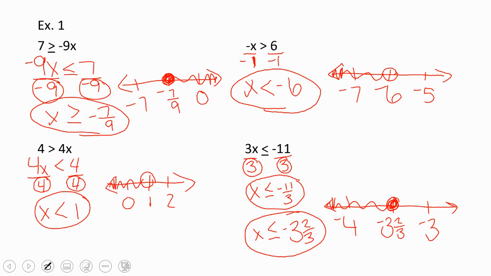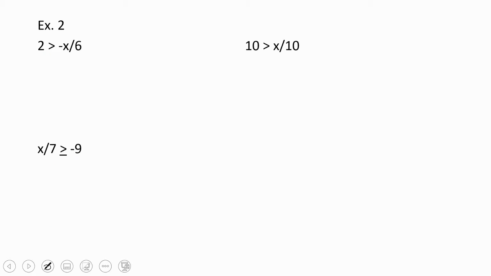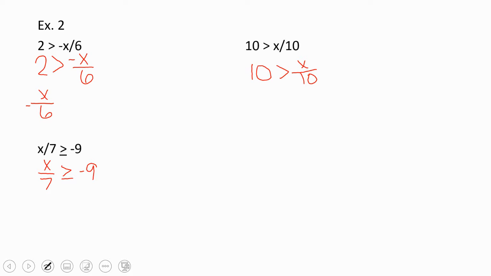So those were all the multiplication problems where we had to divide. Now we're going to look at problems that were given division, so we're going to have to multiply. I couldn't type them nicely, so I'm just going to write them out. Alright, I'm going to flip this so that my variable is on the left. Okay, this is x divided by negative 6.